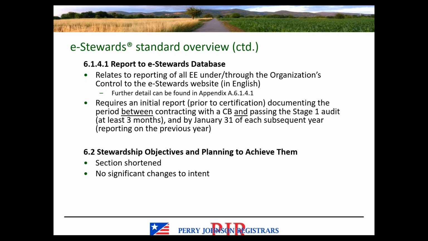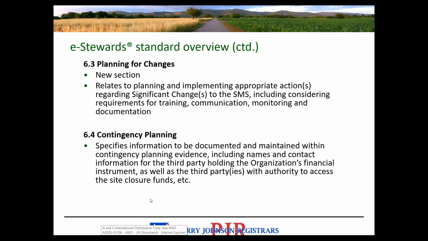(6.2) covers objectives and planning to achieve them. No significant changes, just shorter without 14,001. 6.3, on the other hand, is a new section, planning for changes. It relates to planning and implementing appropriate actions regarding significant changes to the stewardship management system, including considering requirements for training, communication, monitoring, and documentation.